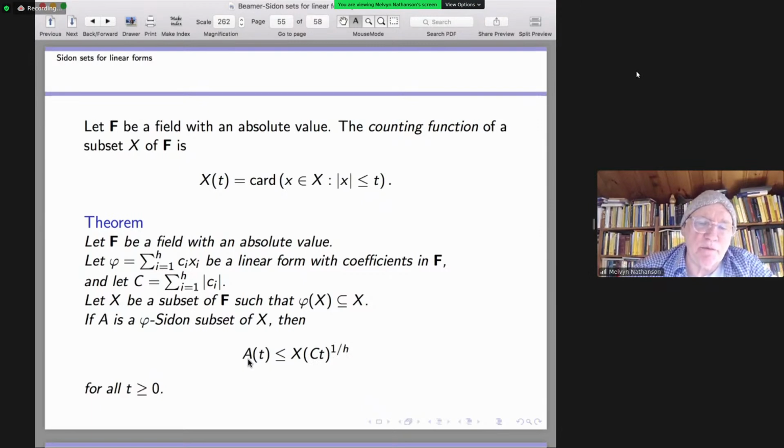So this gives you an upper bound for the growth of the phi Sidon set.